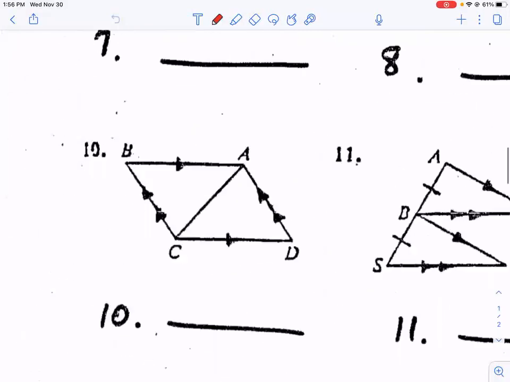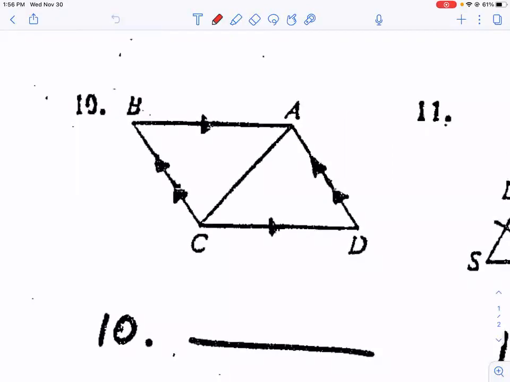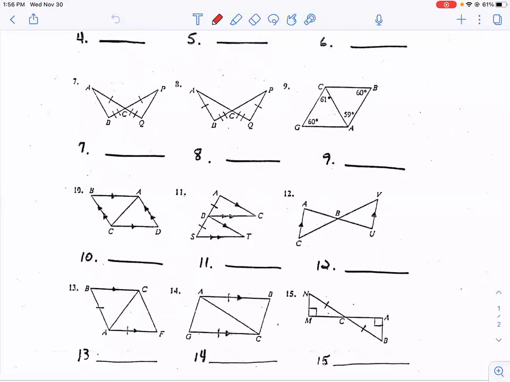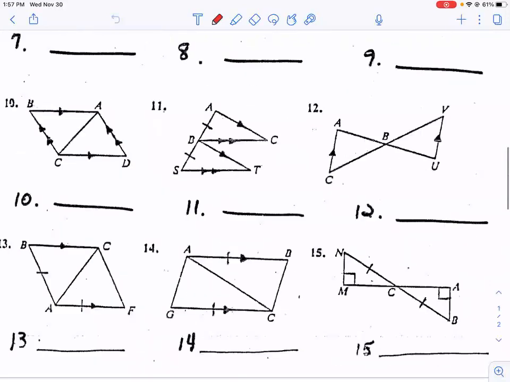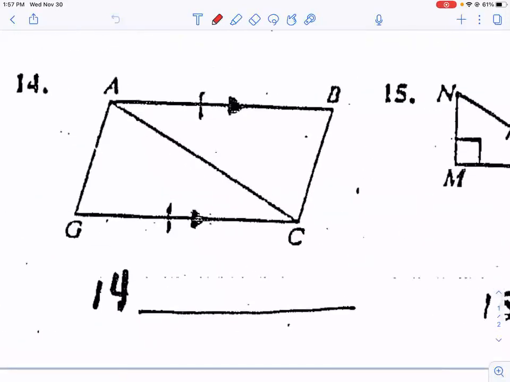Like in this triangle right here, when I write that these 2 are congruent, AC actually corresponds to CA because this one is flipped upside down.